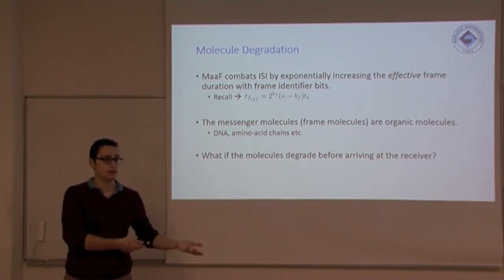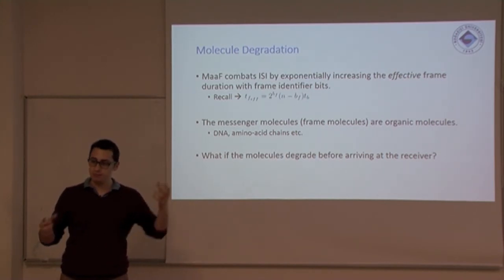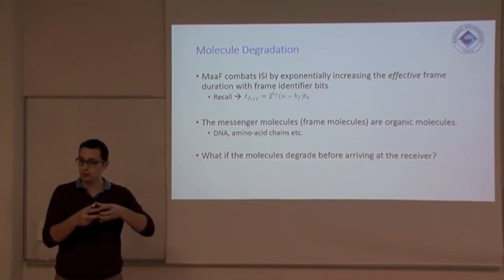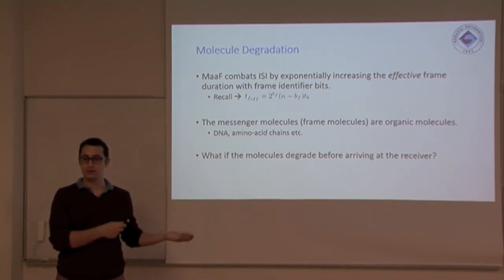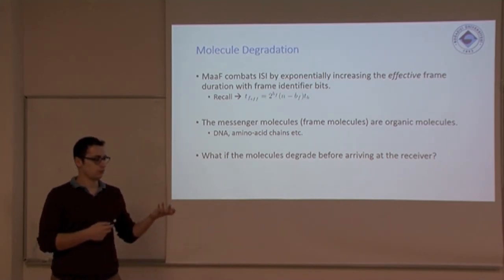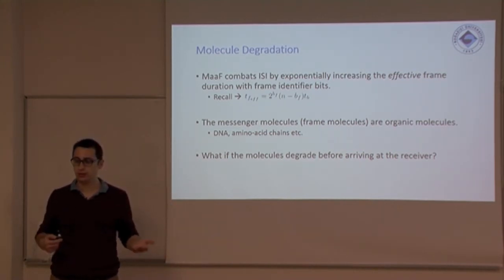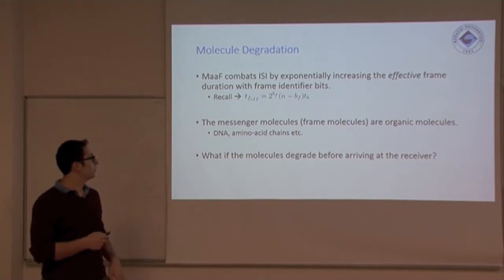So when we send these frame molecules, they may meet these enzyme molecules and get degraded. For example, if we have RNA, we can have RNA esterase, right? If we have, I don't know, an amino acid chain, there are enzymes that break those down as well.